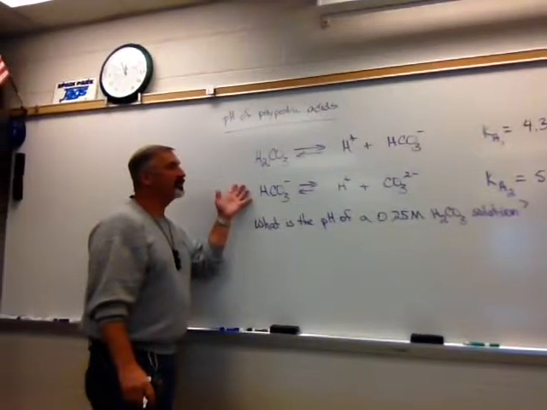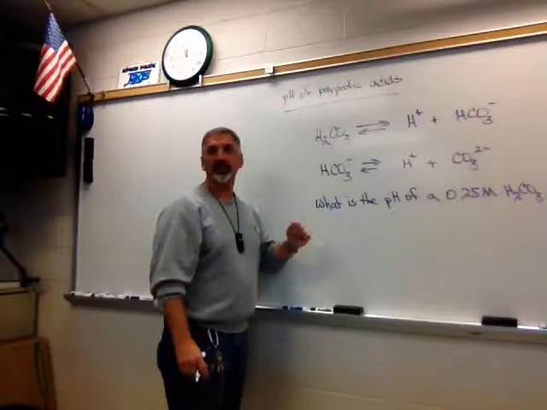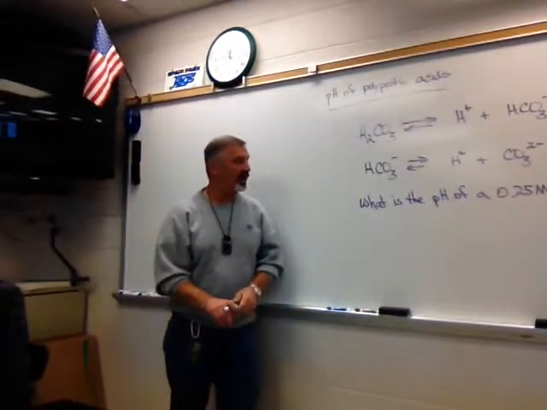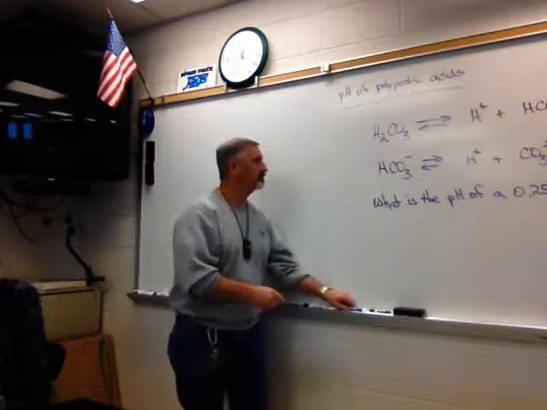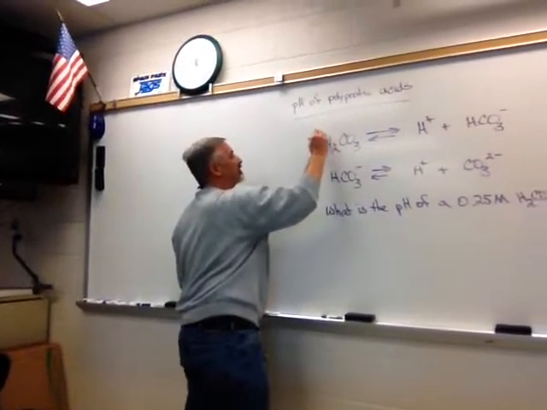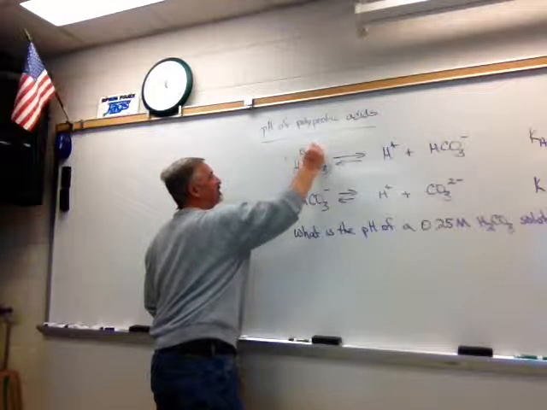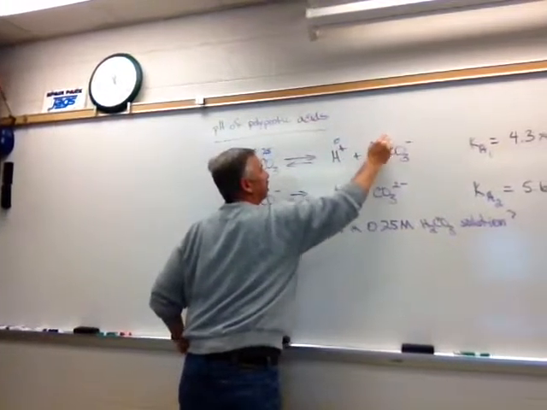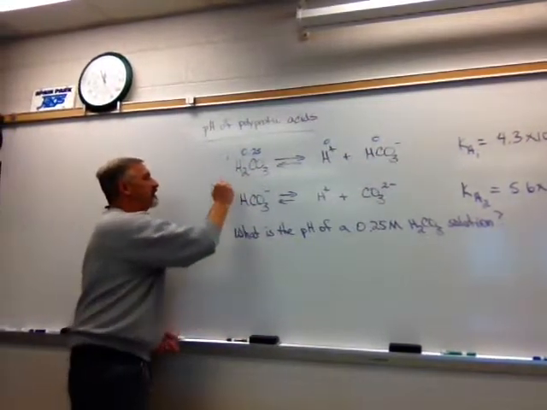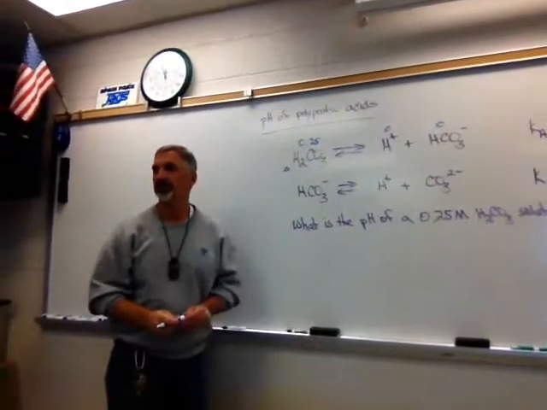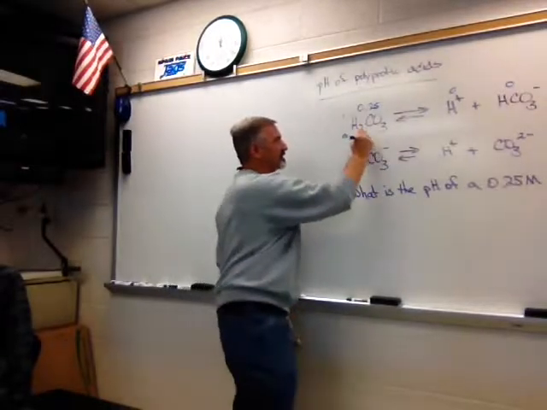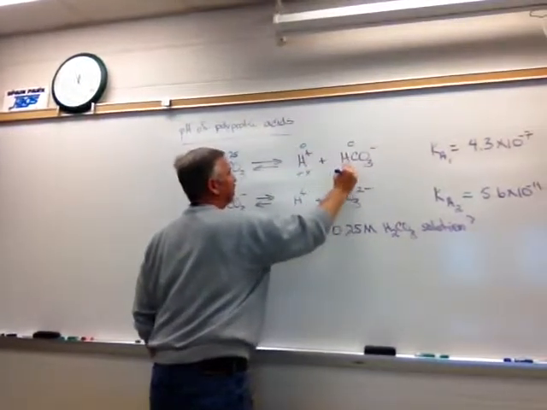I have my equilibrium equations written. So I'm going to do my standard ice table, where my initial concentrations are 0.25, 0, and 0. So what's my change going to be? Minus x, plus x, plus x.